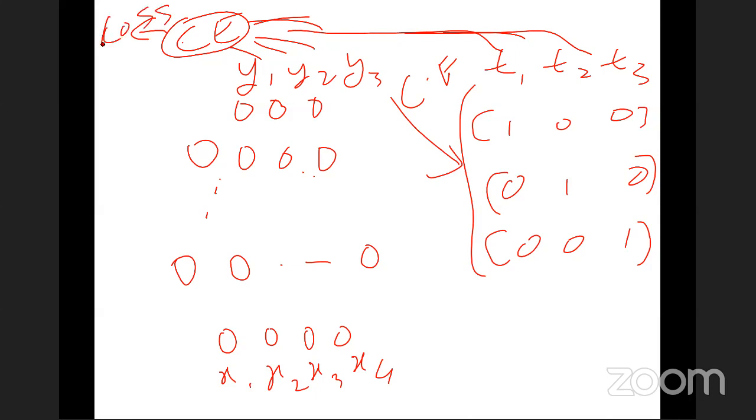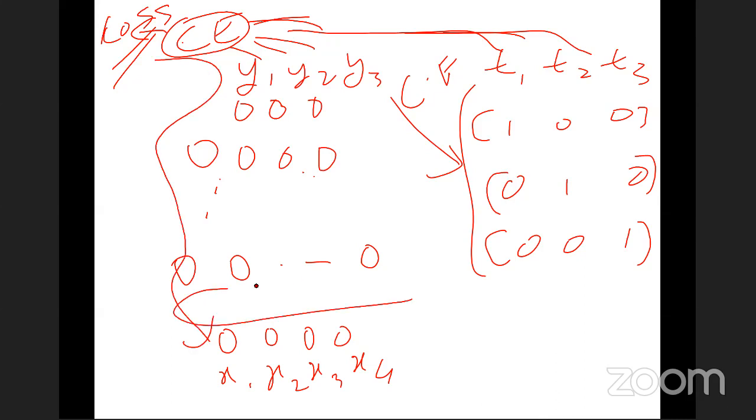You're trying to reduce this loss, so you're trying to find the minimum of this loss. And that is what is being backpropagated all the way here until this set of weights, all the other weights as well as this set of weights.